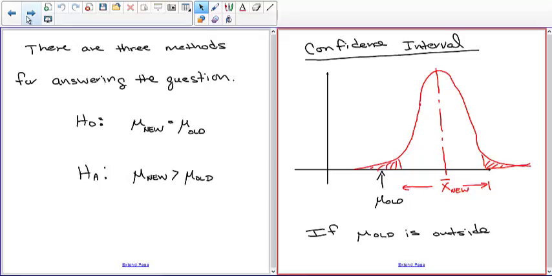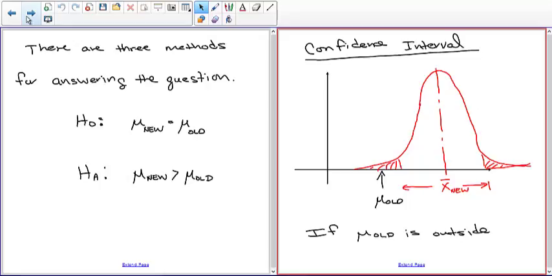And if the old population mean is in one of these tails, meaning it's outside of the confidence interval that we specify, then we reject the null hypothesis, and there is a change. If this old mean is within the confidence interval, then we fail to reject the null hypothesis.